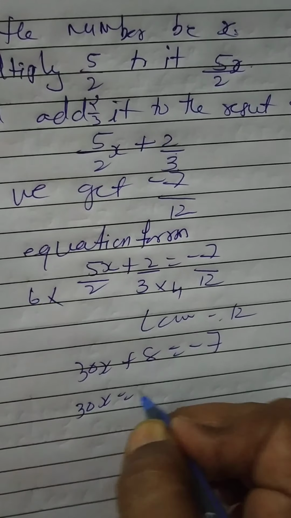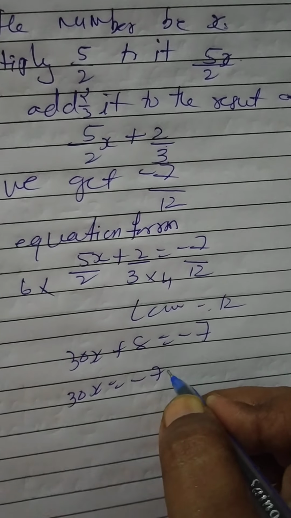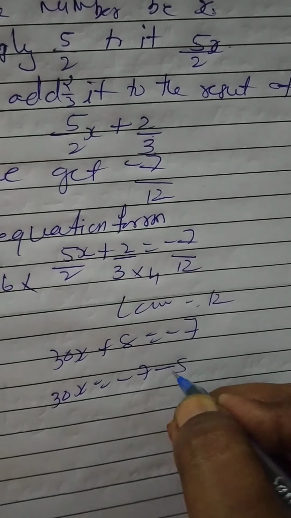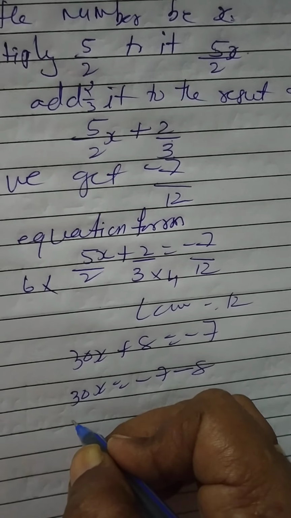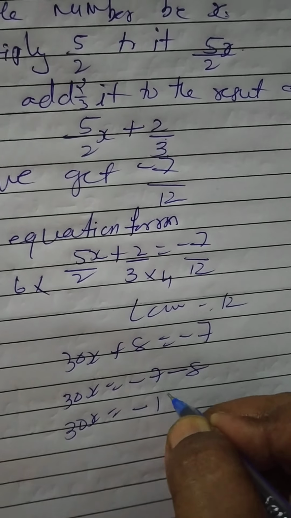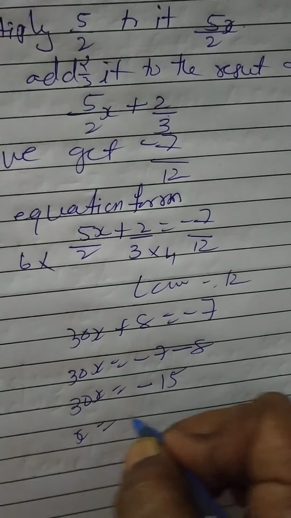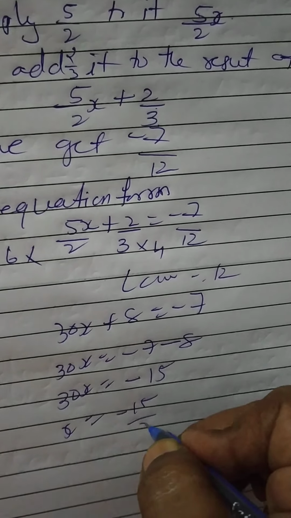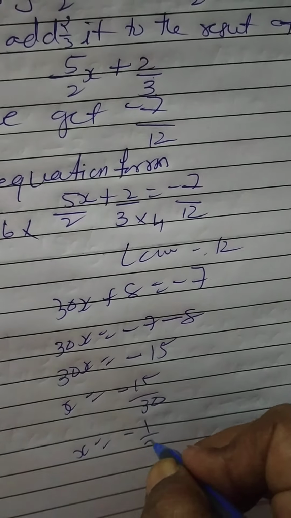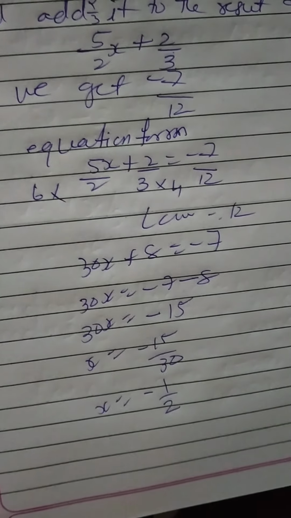So 30x is equal to minus 7 minus 8, so 30x is equal to minus 15. x is equal to minus 15 upon 30. x is equal to minus 1 upon 2. Thank you.